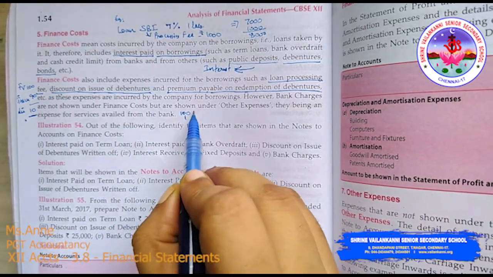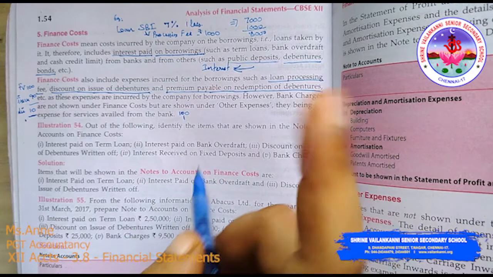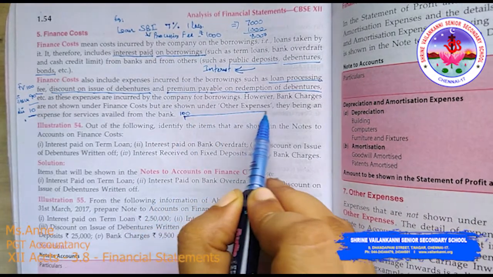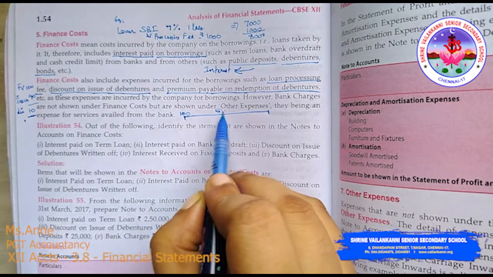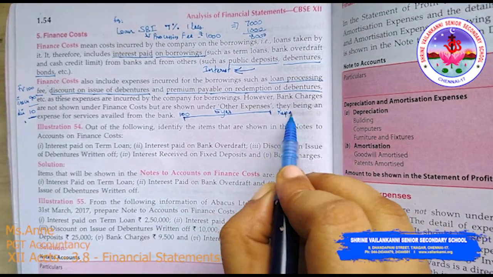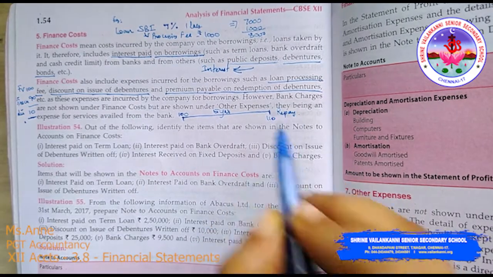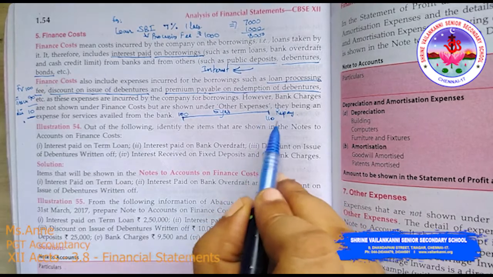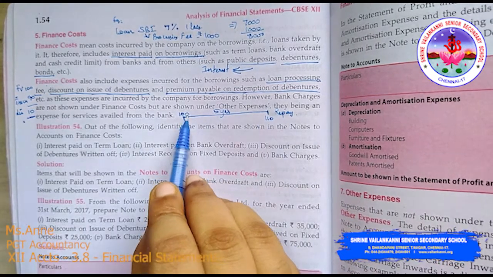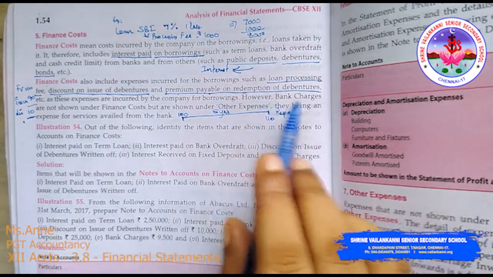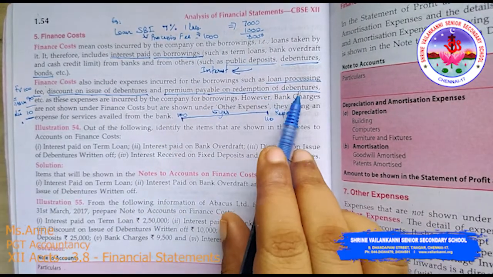You are issuing 100 rupees per one debenture, and by the end of 5 years, you have to repay say 110. The 10 rupees that you have to repay extra to the face value is called premium payable on redemption of debentures.